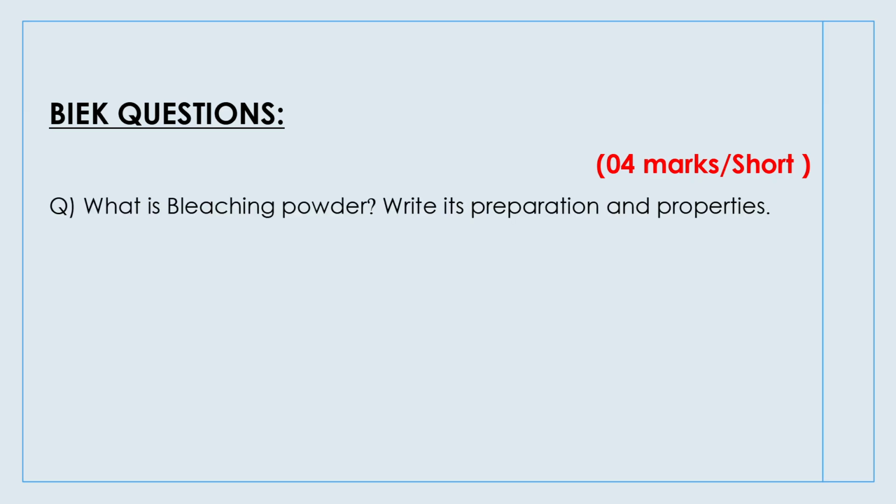In short question answers, you get it for 4 marks: What is bleaching powder? Write its preparation and properties. So you will simply state the chemical formula of the bleaching powder, its name, and then write its preparation, that is the Hasen Clever process, along with the diagram and the chemical reaction, then mention the properties that we studied.